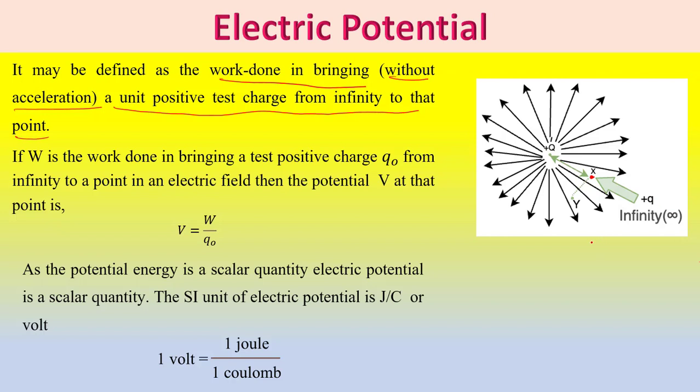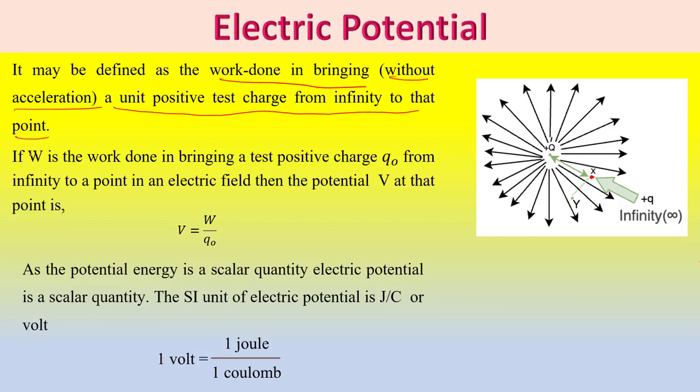So work done divided by how much charge I have brought. So if I divide that work done by that charge, I will get work done per unit charge. That is how much work is required to be done in order to bring a unit positive test charge from infinity to that particular point. So how much work I had to do to bring a unit positive test charge from infinity to that particular point in the electric field is defined as the potential at that particular point.